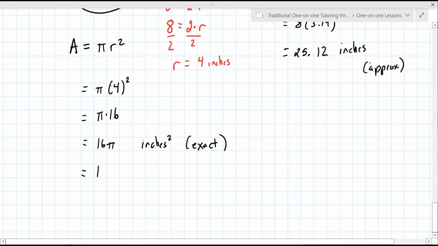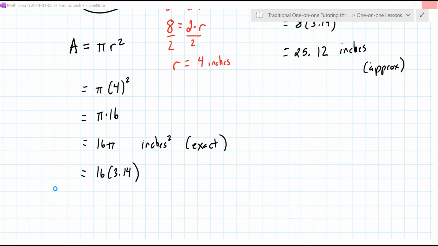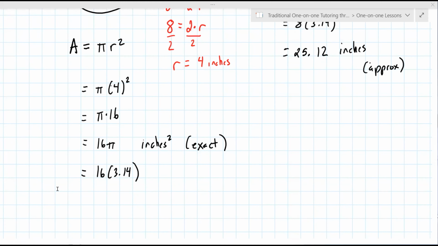Okay, now I want you to grab your calculator and take 16 and multiply by 3.14, please. 16 times 3.14.